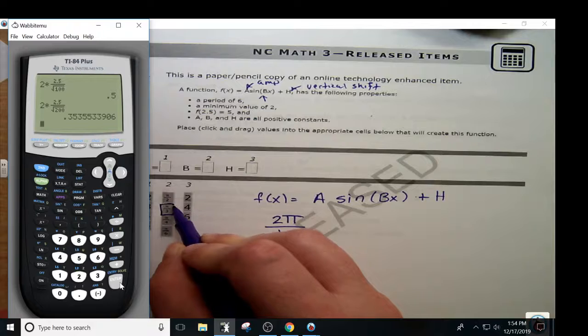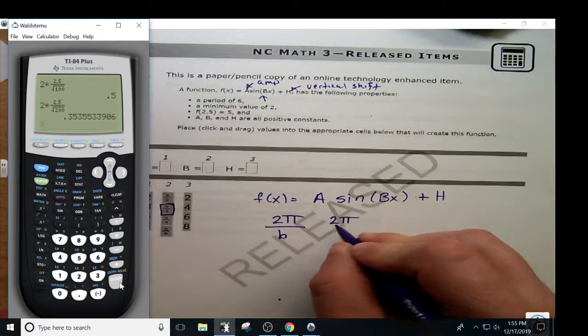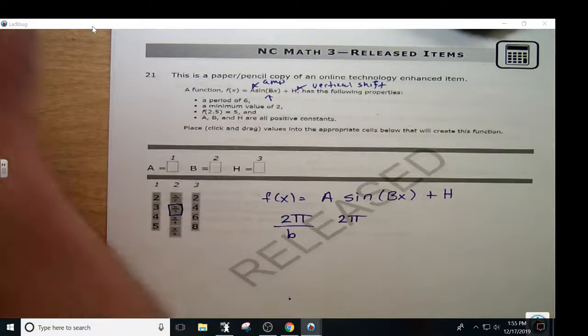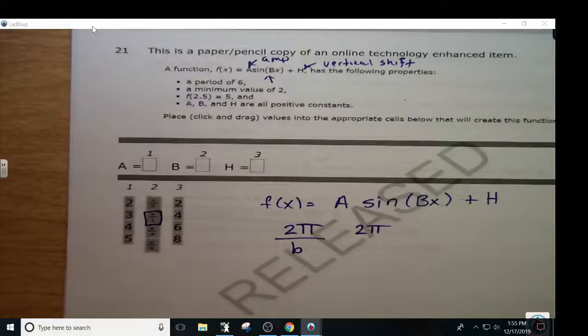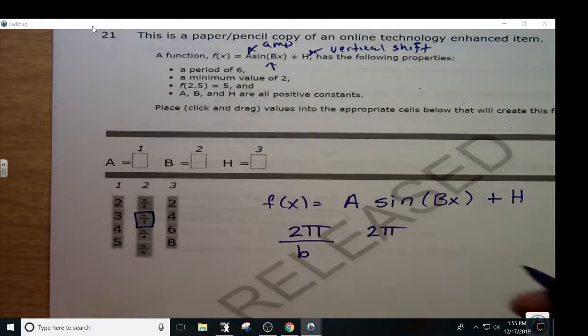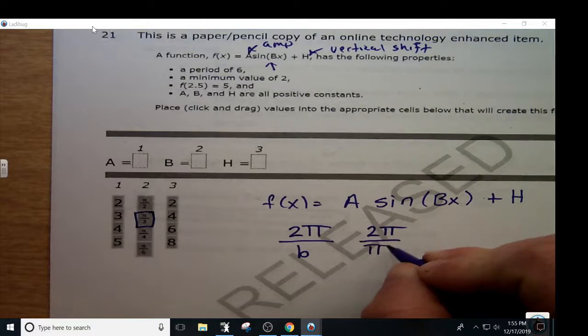Look at this b value here. Now, if I divide that, that's 2 pi. Now, going on this value right here, the pi over 3, that's pi over 3. Hope you can see that. Now, 2 pi divided by, if that's my b value, it's divided by pi over 3.